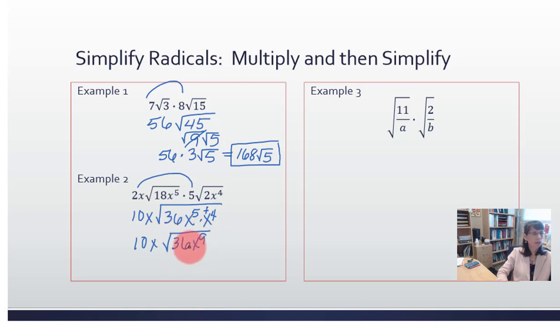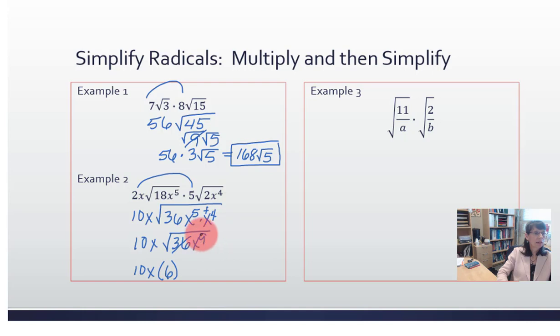Our next step is to try to clear any terms possible from the radical. We've got a numerical coefficient and we have a variable base to work with. But you might recognize that the square root of 36 will clear the radical as 6. So 10x already has cleared, multiplied by 6, which is going to be cleared.